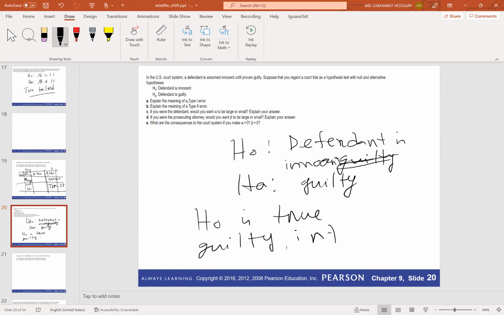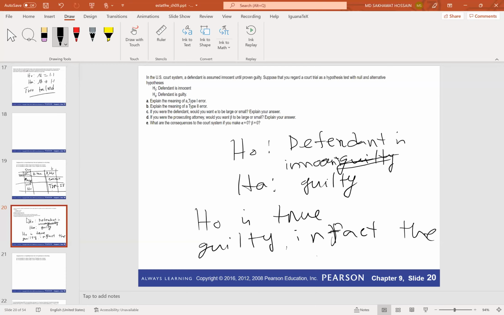In fact, the defendant is not guilty, right? So this is the type 1 error. This is very serious, right? If someone is not guilty, but we make a wrong decision, then the person will be accused as guilty. So this is a very serious problem.